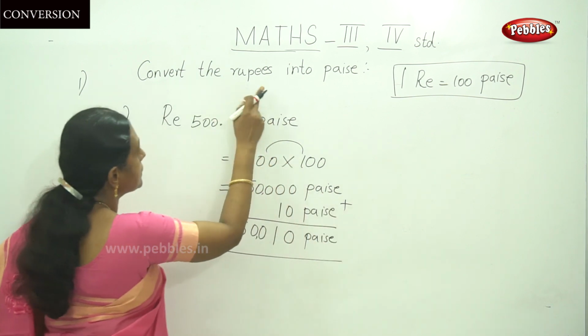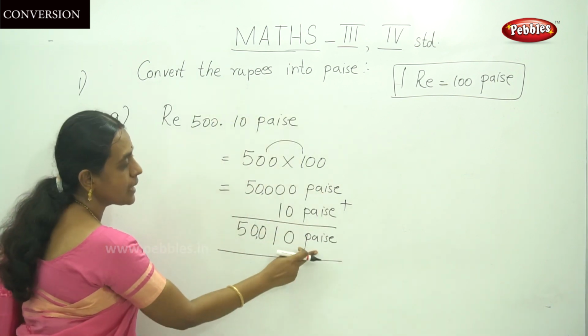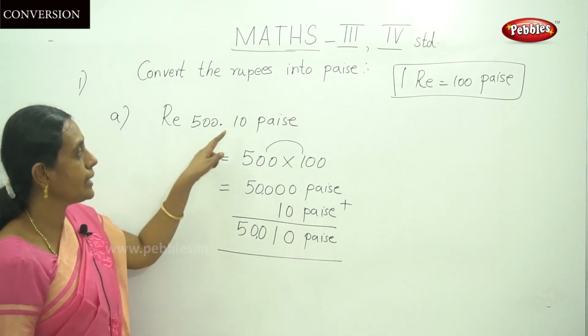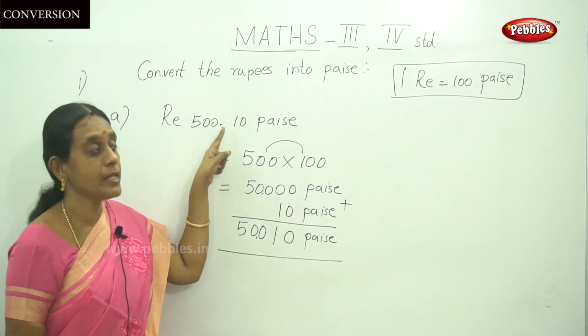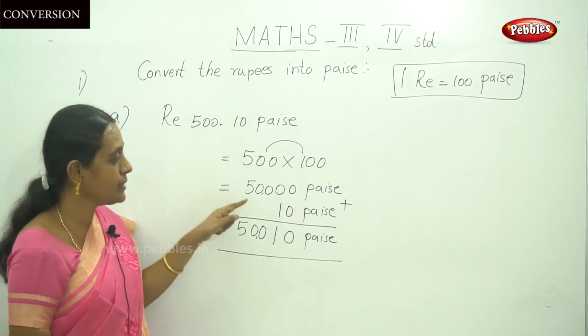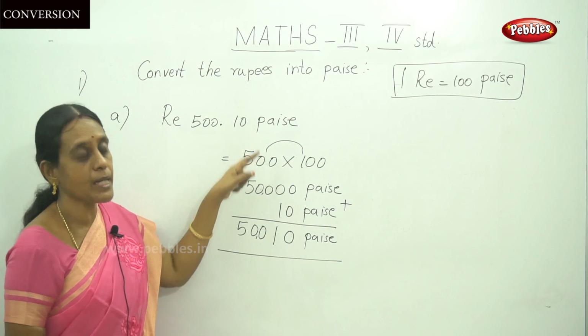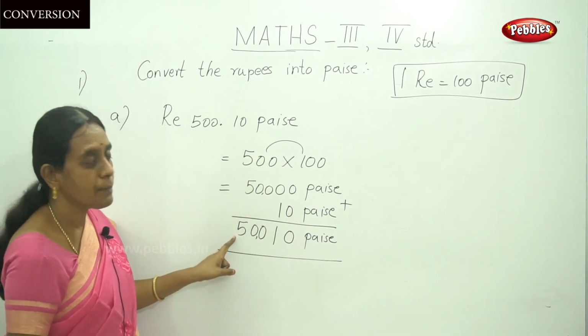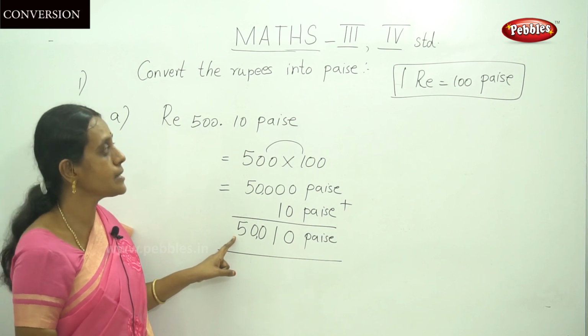That is the conversion, convert the rupees into paise. The answer will be in the unit of paise. If it already has a paise unit in addition to the rupee, find the answer and next add this paise unit to your answer and get the paise unit. Do you understand this?